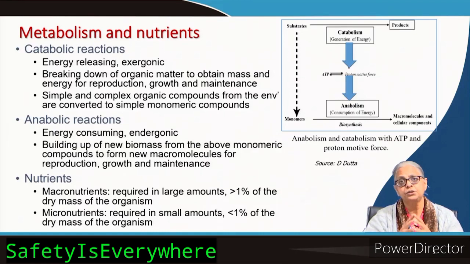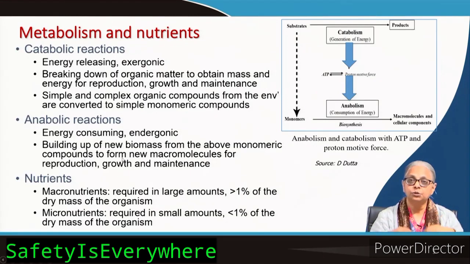So in either case, new biomass has to be generated, and that is done in anabolic reactions. Anabolic reactions consume energy, where the monomeric units that are generated in catabolic reactions are then put together again into new macromolecules. These new macromolecules will replace damaged ones, or they will be used for reproducing and creating new biomass, new cells, and so on.